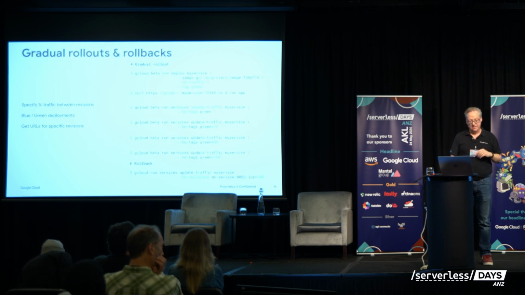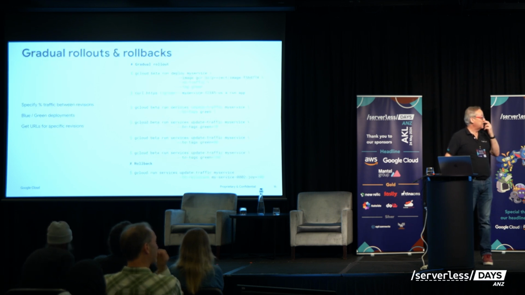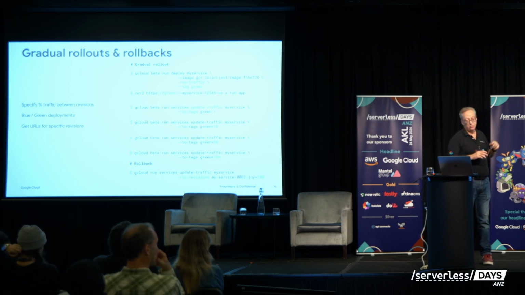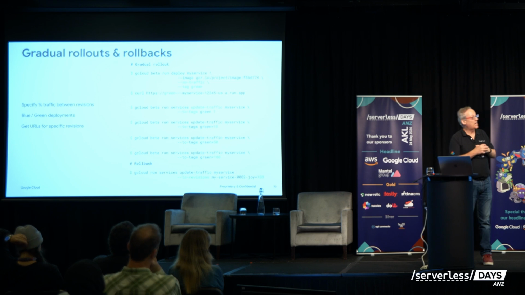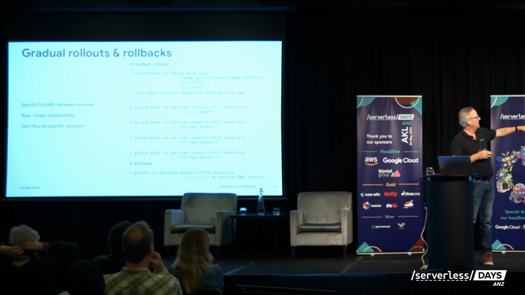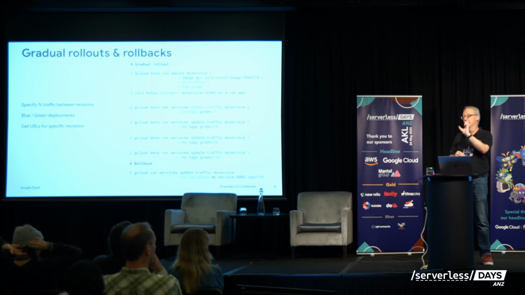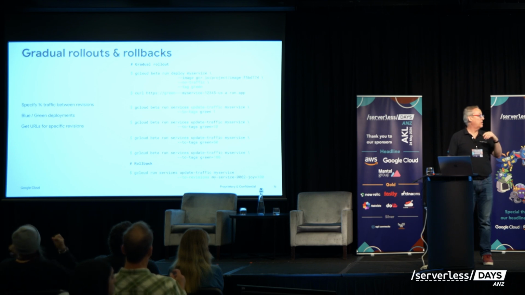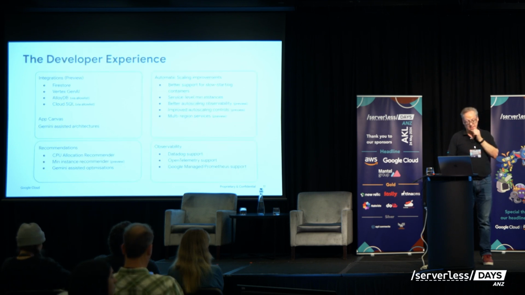So very, very easy. We also support rollouts and rollbacks, so you can do canary deployments and blue-green deployments and push the data around. You can even directly address your blue or green deployments by URL if you need to. So you've got full control over how you route traffic between your instances.